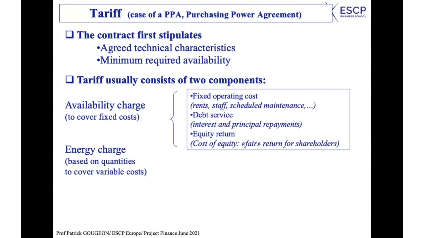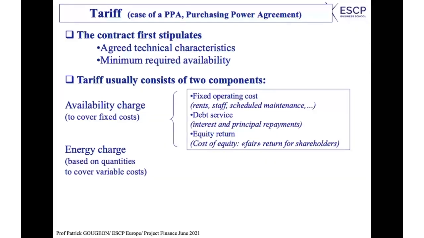The same if you are renting some equipment or part of a building, you have to pay the rent. All these are fixed operating costs which are identified in the PPA contract. Then you have a debt service. Whether you produce or not, you have to pay the interest and the principal repayment. So you should have a certain amount of money included in the agreement that would allow you to repay that.